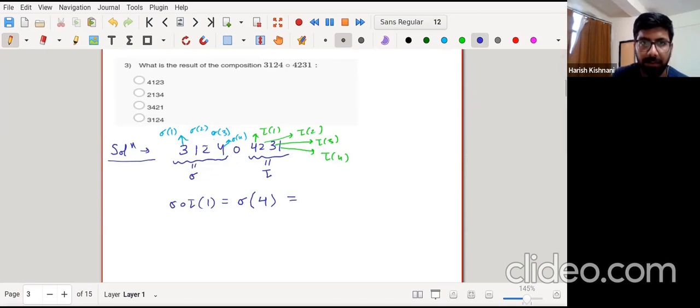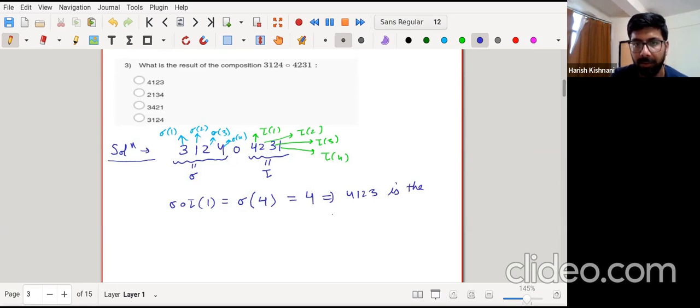So if you just want to tick an option, then the value of 1 itself gives you the answer. So sigma of 4 is 4. So from here itself, we can say that 4, 1, 2, 3 is the correct option.